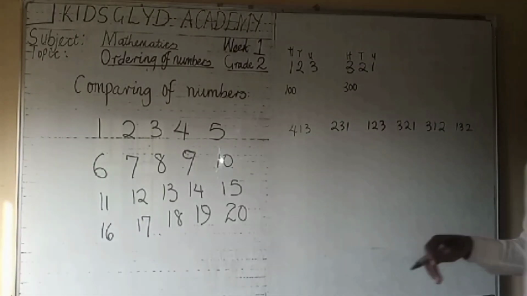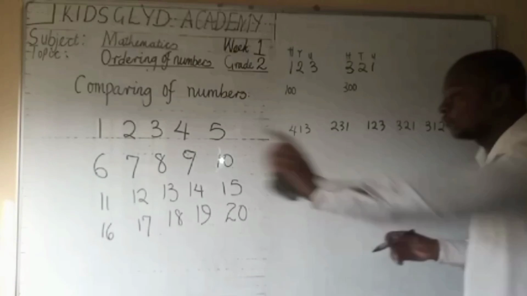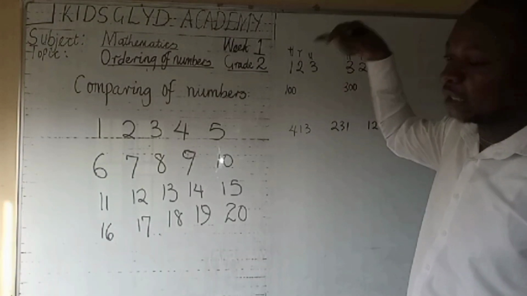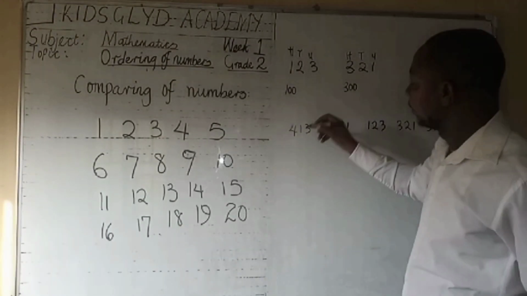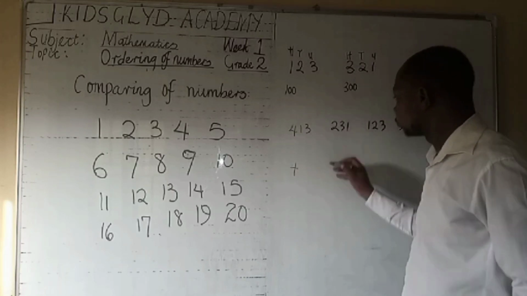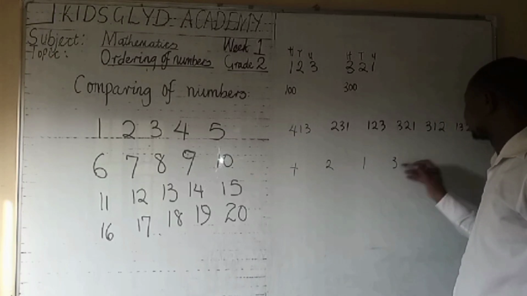Now, it is very easy for us to know which one is bigger. The first step I told us is to check the first number that comes. Which one is bigger? This one is 4. This one is 2. This one is 1. This one is 3.